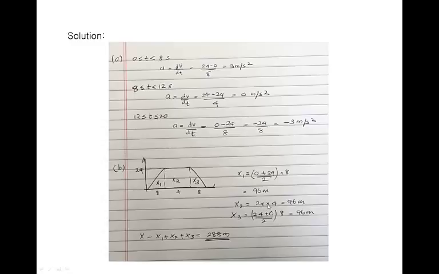You can multiply the velocity by the time, and that gives you the displacement in the second part, which is 96 meters. And for the third part, again, initial velocity plus final velocity over 2 times 8, and that's again 96 meters. So the total displacement is x1 plus x2 plus x3, which is 288.